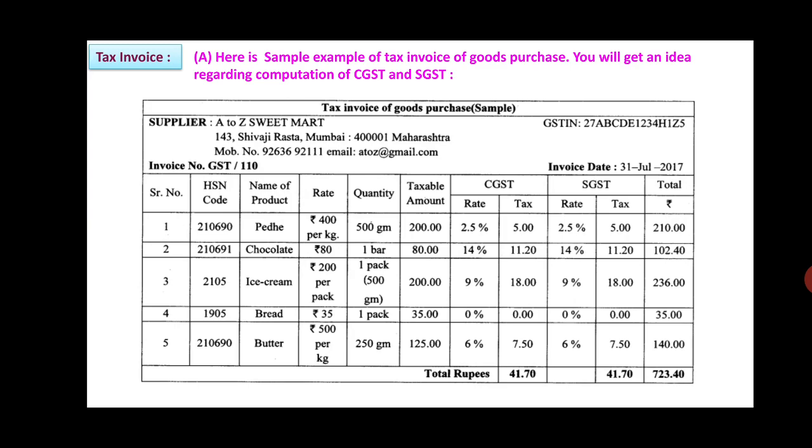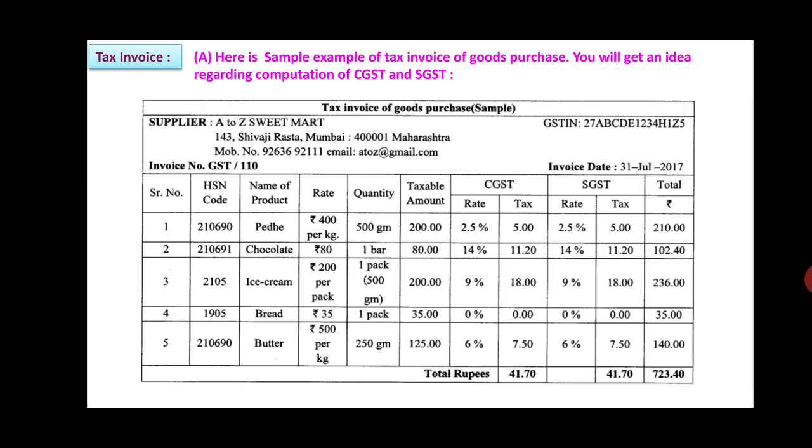Below that there is an invoice number, that is the bill number, GST/110. Then the GSTIN at the top right corner is 27ABCDE1234H1Z5. This is the GSTIN, a 15 alphanumeric code.